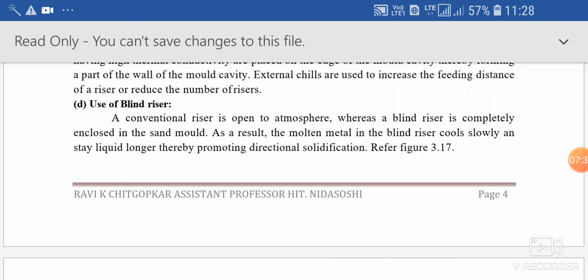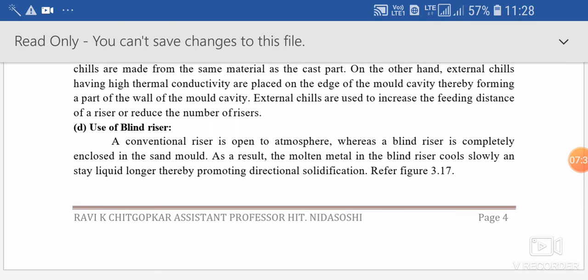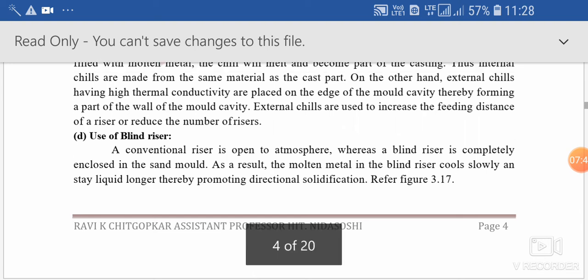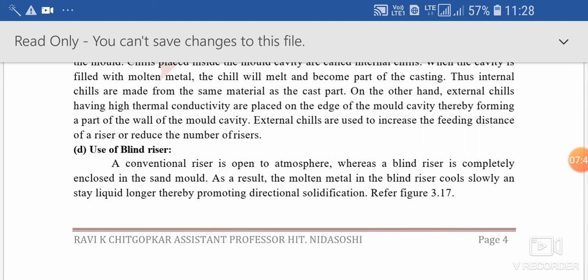So, fourth one, use of blind risers. A conventional riser is open to the atmosphere, whereas a blind riser is completely enclosed in the sand mold.